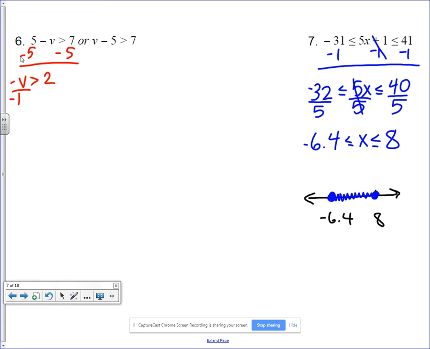Which is negative. So there'd be a negative 1 in front of there, right? So we're going to divide by negative 1. And I just divided by negative, so that arrow now has to go the other way. And what is 2 divided by negative 1? Wonderful.